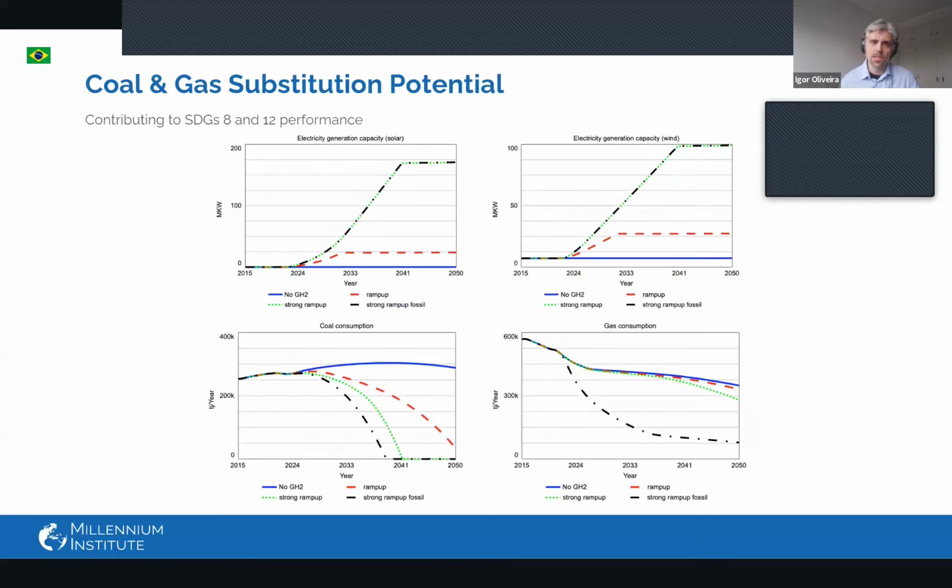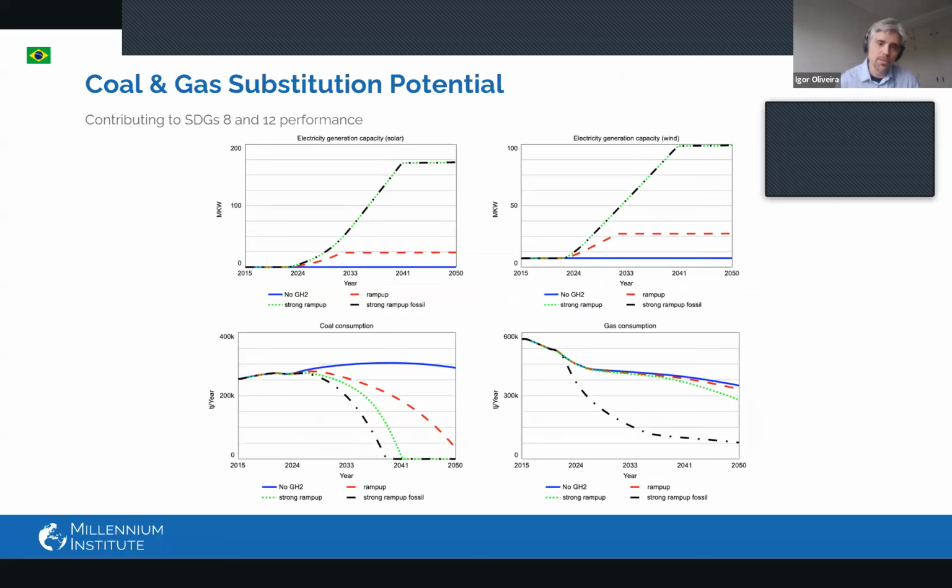So then when we further analyze it, we see that the substitution dynamics that exists in the country, considering all the state and the evolution of the energy system in the country, all the substitution dynamics is already happening. We can see that there is enormous potential for green hydrogen to foster solar and wind and to contribute to the decline of coal and gas, right?